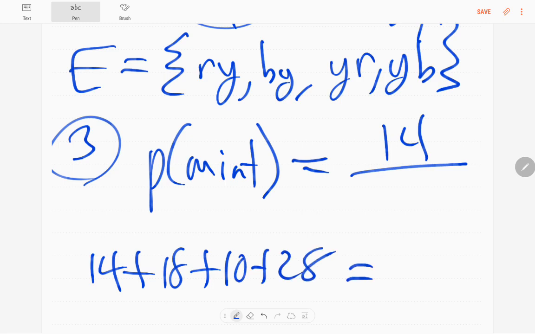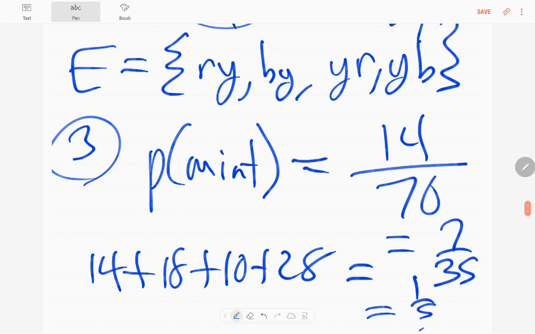So we would just divide by the total, which is 70. But this does reduce to 7/35, which reduces to 1/5. Let's try number 4.